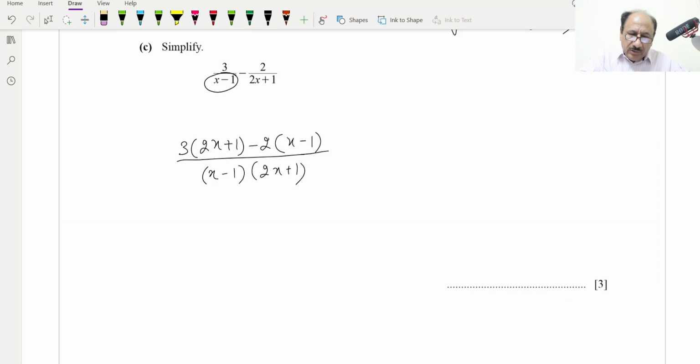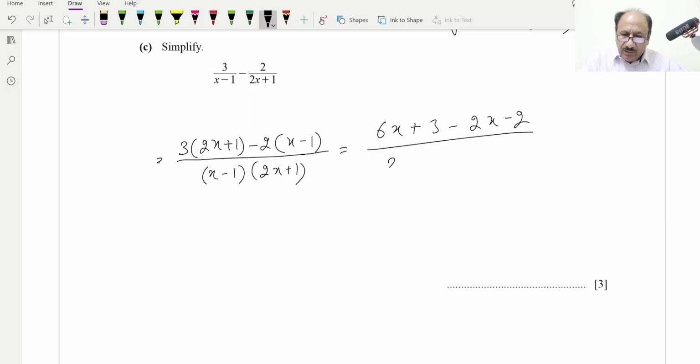And now we can open the numerator bracket, so it will be 6x plus 3 minus 2x minus 2, divided by x minus 1 into 2x plus 1. Now we can simplify. This is basically adding like terms, so 6x minus 2x will be 4x, and plus 3 minus 2 will be plus 1, so 4x.